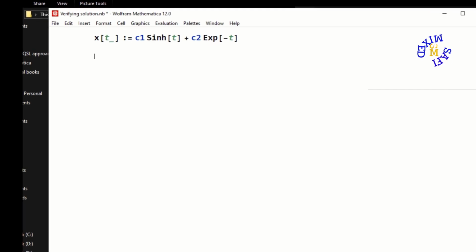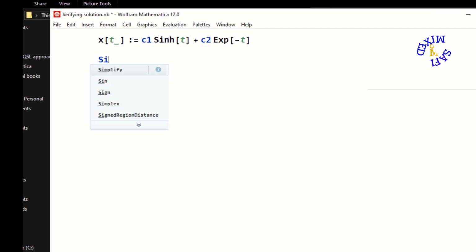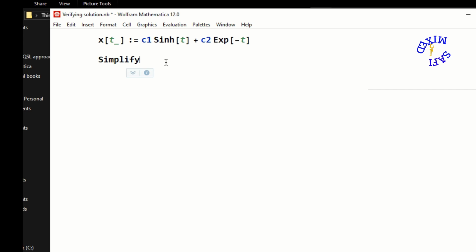I just write the differential equation by putting it inside the argument of Simplify. The single quote in Mathematica represents the first derivative, and then the double quote represents the second derivative, and I put this inside the argument of x as t, which verifies that this is a second order differential equation with variable t.